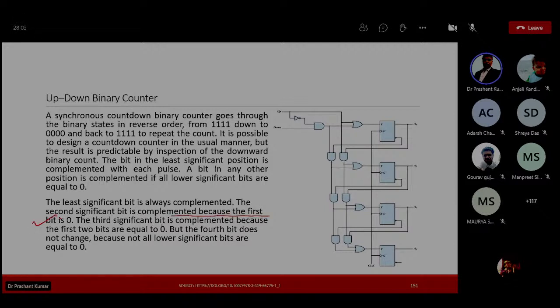The third significant bit is complemented because the first two bits are equal to 0, but the fourth bit does not change because not all lower significant bits are equal to 0.